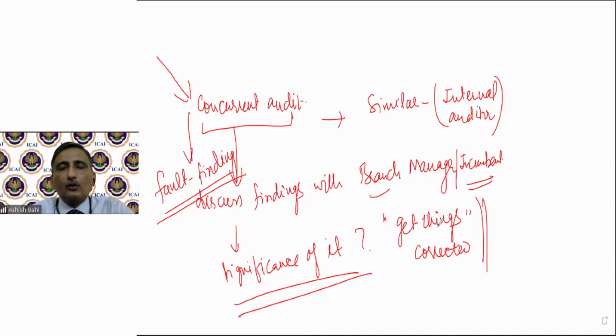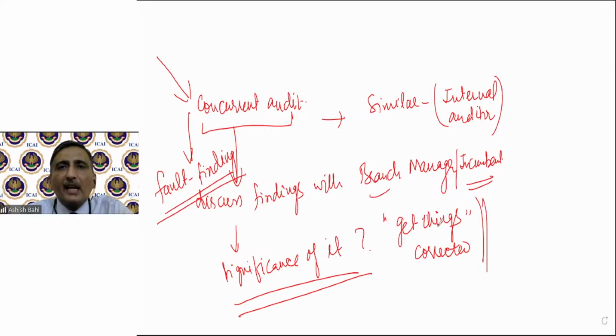So this is also important from your examination point of view, that you have to remember that one of the main duties of the concurrent auditor is not only to point out deficiencies, but also to follow up with management to get those deficiencies removed, to get those deficiencies corrected. Obviously, guys, he can't himself correct those deficiencies.